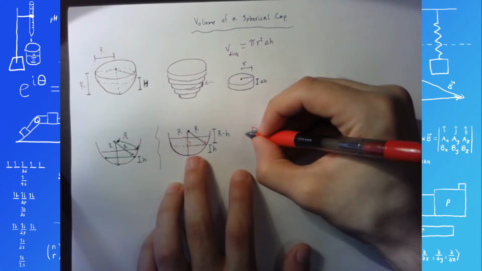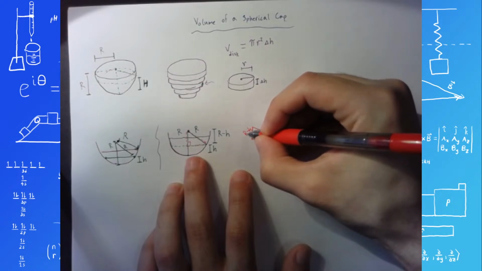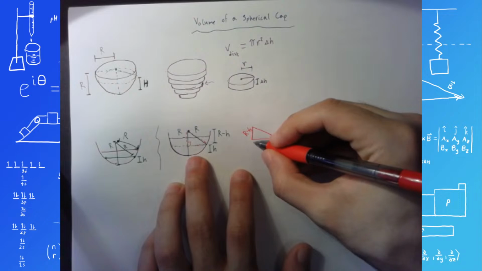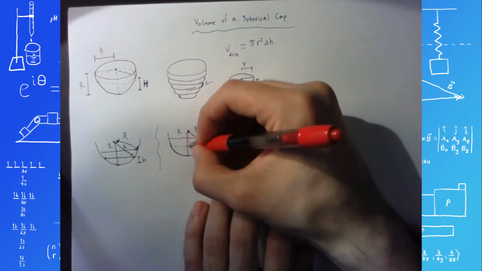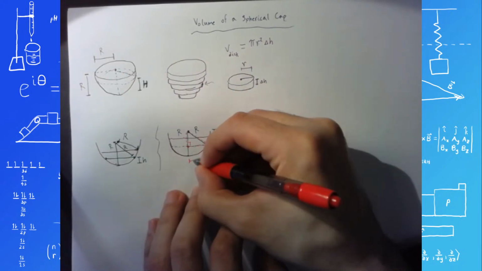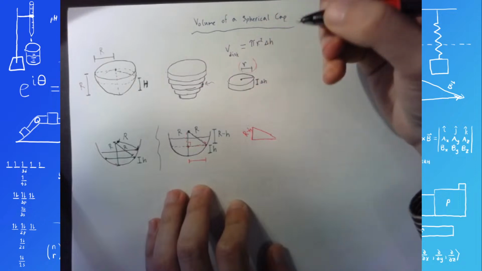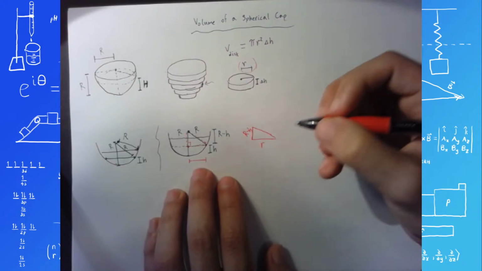I can say this is big R minus little h. I don't know what this is yet, but this is going to be the radius of the disk in question, which is actually what I'm looking for.